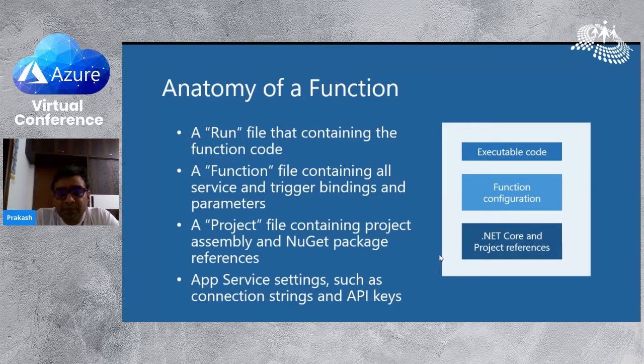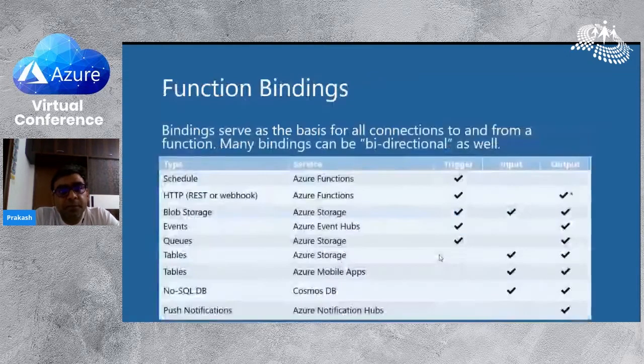So these three things together make the function. But generally developers care about code and in some cases configuration. Dependencies are taken care of by the platform itself. So you just need to select what platform you're targeting, and it will be taken care of automatically for you.